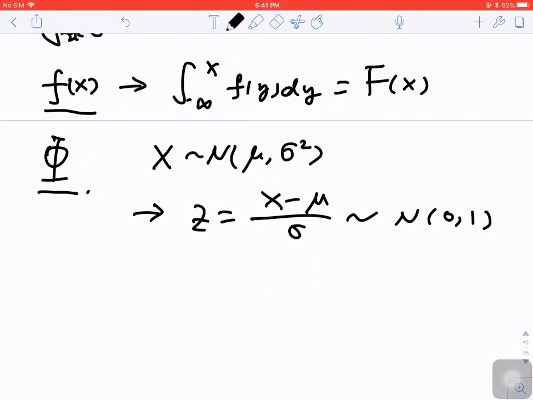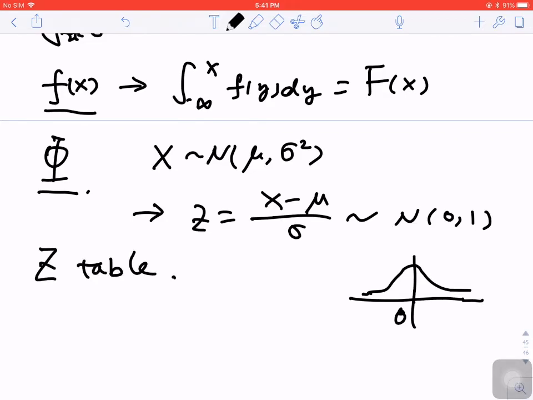This curve is also a bell-shaped curve, but it's symmetric with respect to 0. Its expectation is equal to 0, and its standard deviation is equal to 1. So that's the normal distribution. Also, you need to know how to read the z-table.